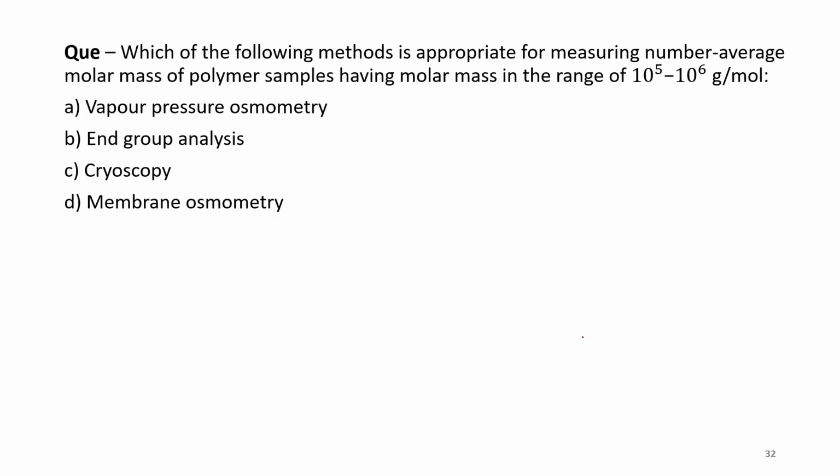So we need to calculate the number average molar mass of the polymer sample, and its molar mass is in the range of 10 to the power 5 to 10 to the power 6 gram per mole. Which method out of these will be appropriate? Anybody? It is in video number 3 of this week, which is about determination of the polymer molar mass with the help of osmometry.